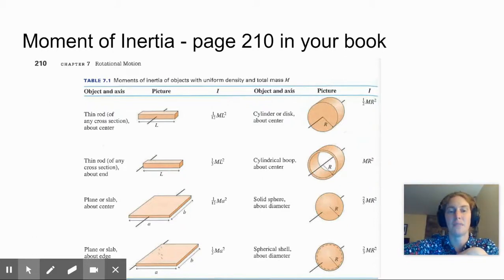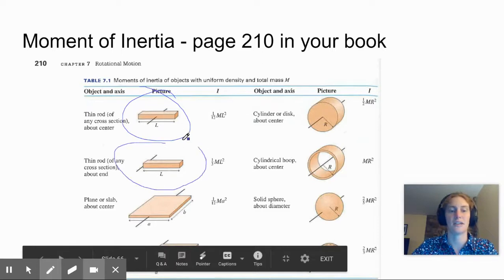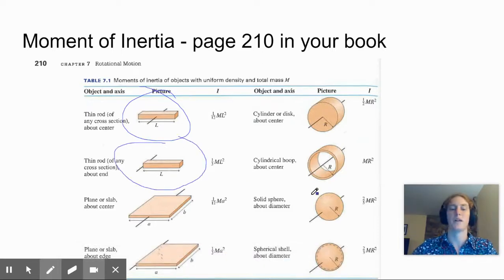Then the other thing you need to be able to do is tell me which one has a bigger moment of inertia. If I look at these two just to compare them, this is like when you had your pen and the second one that I had you do, you went like this. As I'm looking at this, the biggest distance that my mass has away from the center of where I'm rotating is only this far on either side.